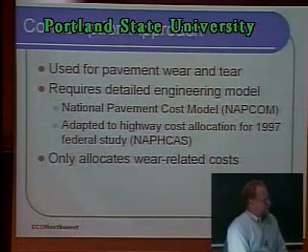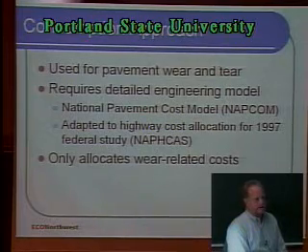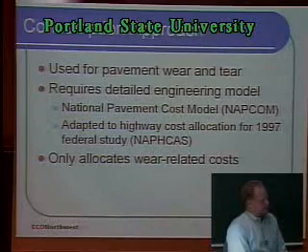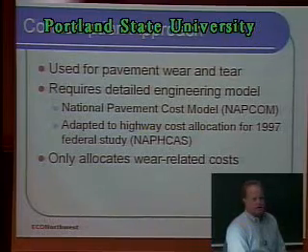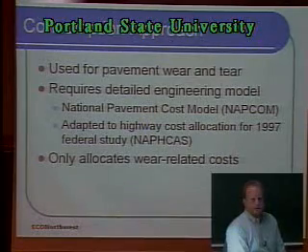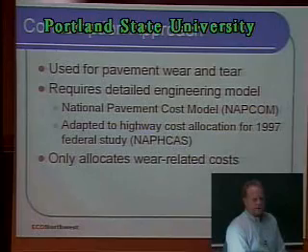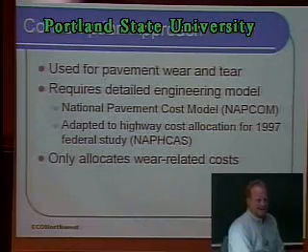For pavement, the National Pavement Cost Model, called NAPCOM, was developed in the 1990s. It was put together with data that had been collected over about a 30-year period, where they built a 5-mile oval track and drove trucks around in circles for years.